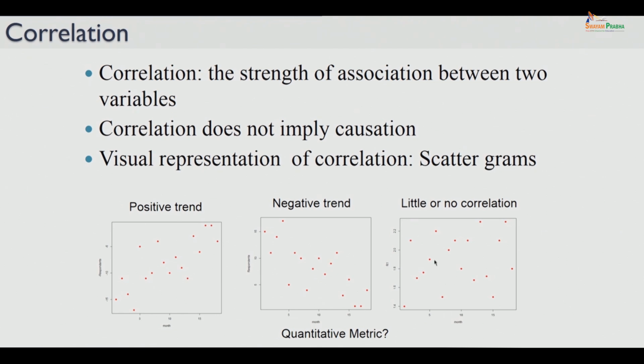When xi increases, maybe yi increases for some cases and yi decreases. That is why it is spread all over the place. So we can say there is little or no correlation. This is a qualitative way of looking at it. We can quantify this, and there are several measures that have been proposed depending on the type of variable and the kind of association you are looking for.